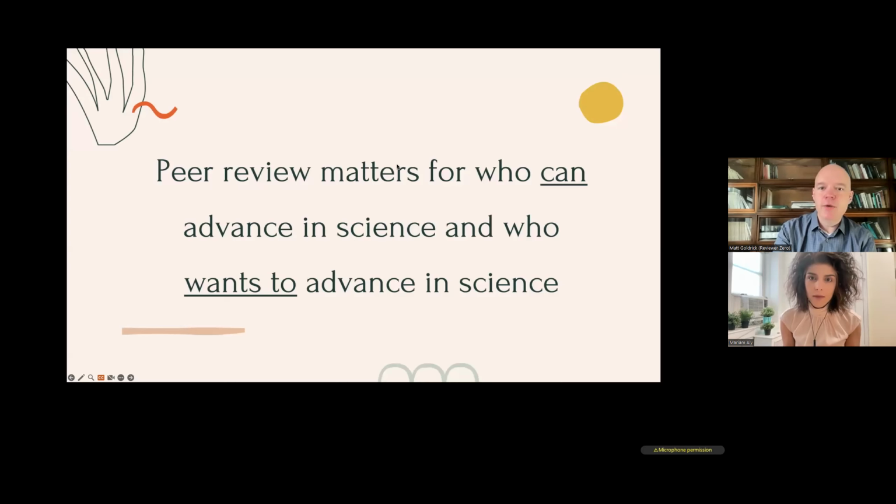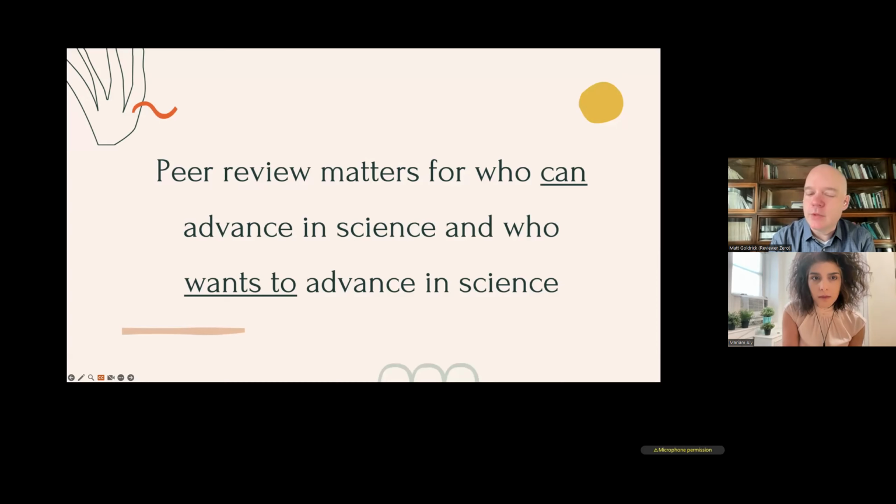So the other central issue here is that because peer review is so central to how we do our science, it really determines who can advance in science. You have to successfully navigate peer review in order to get more senior positions, in order to get promoted more generally, and to succeed.